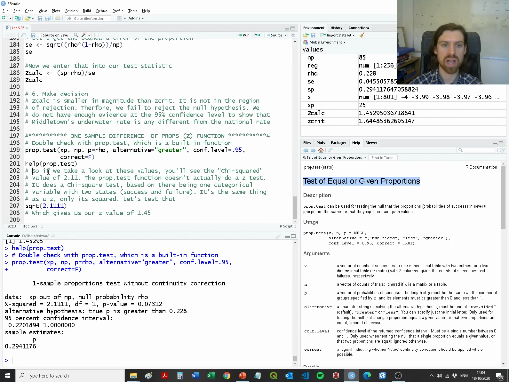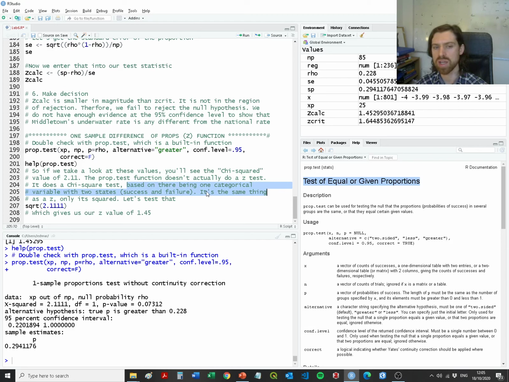If you look at this value, you'll see that the chi-squared value of 2.11 is what's being provided. The prop.test function doesn't actually do a z-test in this case, it does a chi-squared test, which I will get to in future lectures, particularly if you're interested in doing survey work. This is pretty important, but it is based on there being one categorical variable with two states.